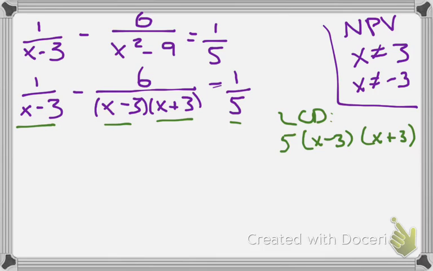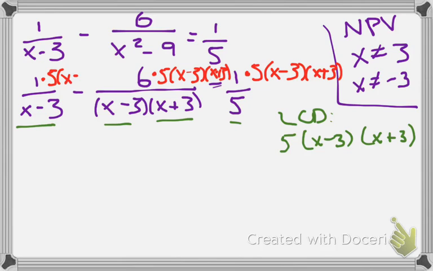So every single piece is going to get multiplied by the LCD because we want to get rid of the denominators. Our top one will have 5 multiplied by x minus 3, x plus 3. Then 6 multiplied by 5, x minus 3, x plus 3. We get kind of crowded here. And then we get 1 multiplied by 5, x minus 3, and x plus 3.